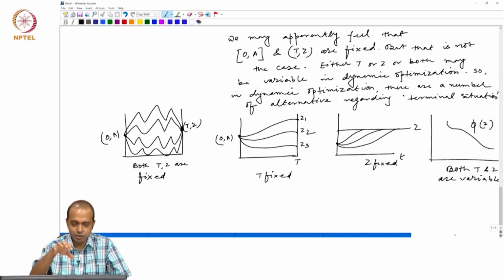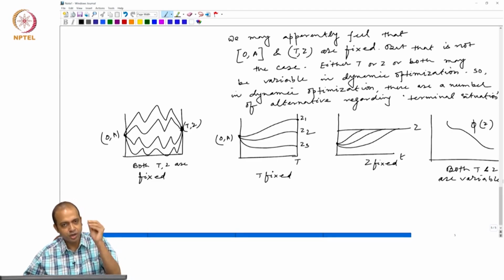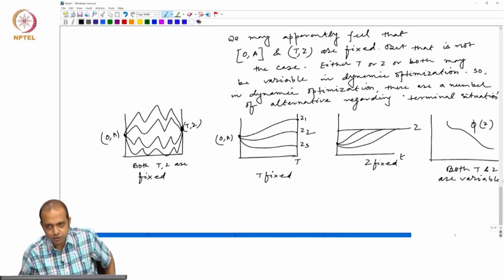Then we discussed some important elements of dynamic optimization, which are the initial state and terminal state. Then a decision variable. We must always identify what the decision variable is. In this case, the decision variable is how much to invest. In the context of utility maximization, how much to consume. So these are all decision variables.